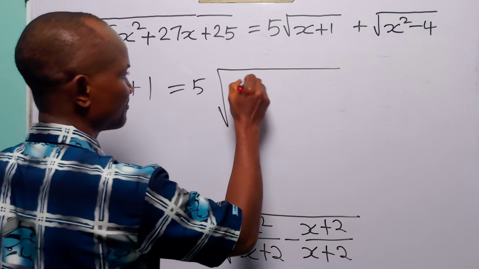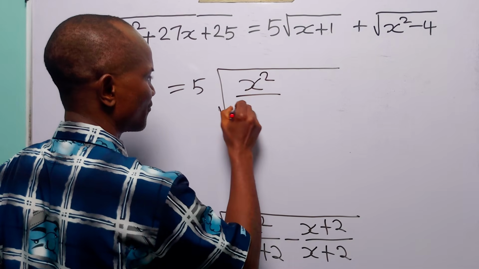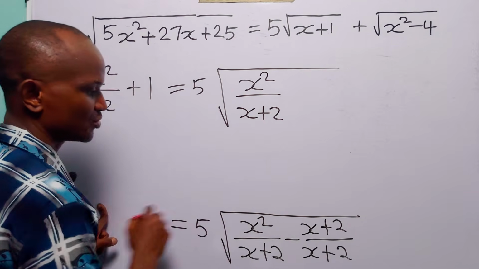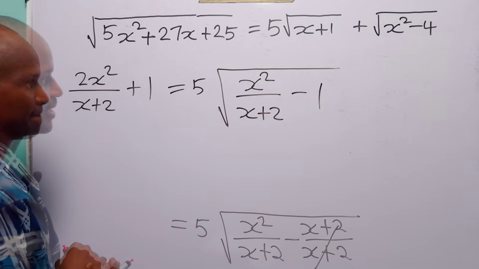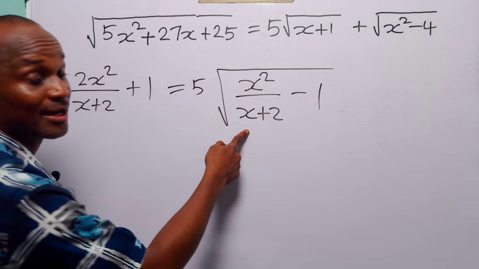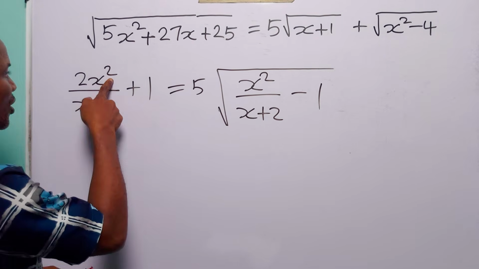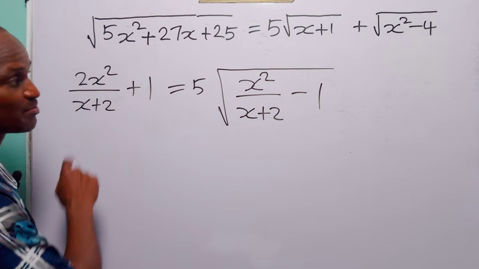And this is the same as x squared over x plus 2 minus 1. Now notice that here we have x squared over x plus 2. Here we also have x squared over x plus 2.